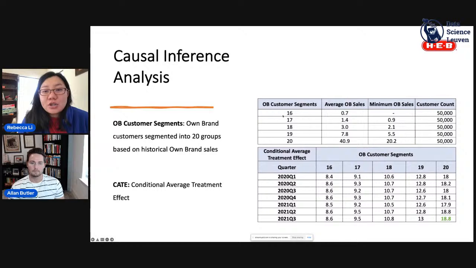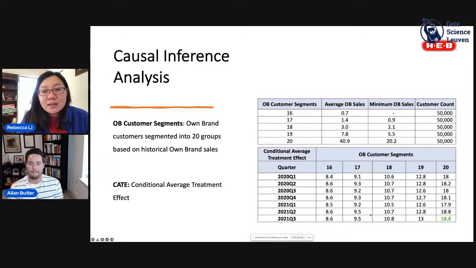The top chart shows the aggregated on-brand product sales in each group, and there is each group's threshold. If a customer spends more than $20.2 on on-brand product in a quarter, then the customer will belong to group 20.